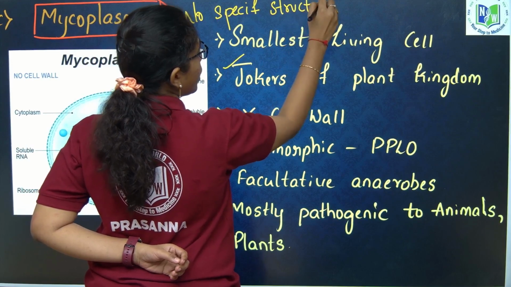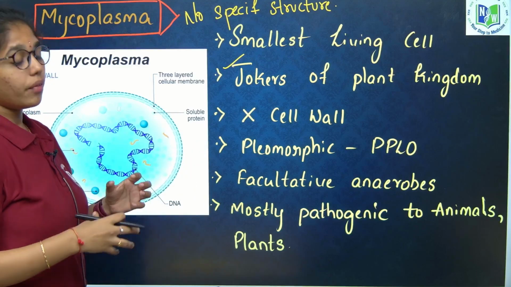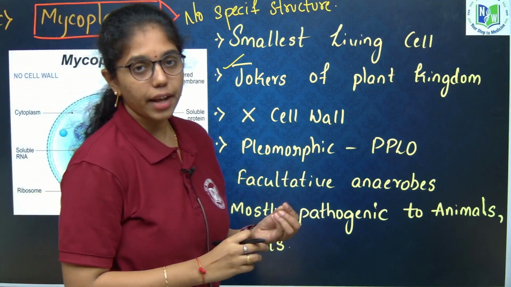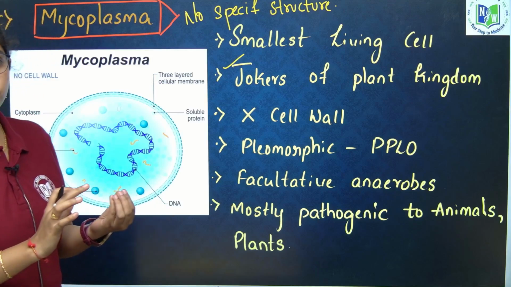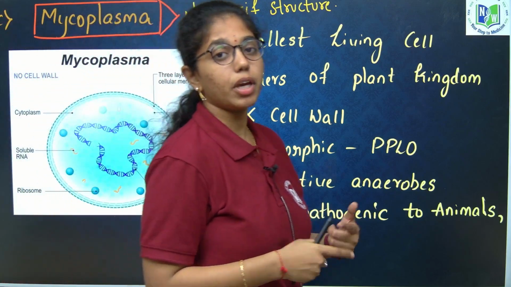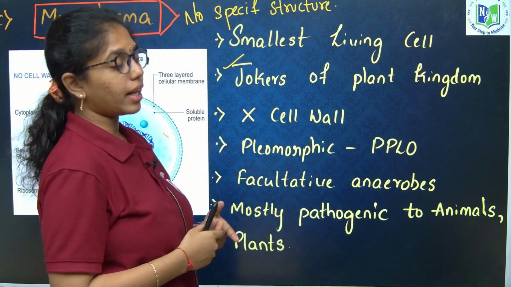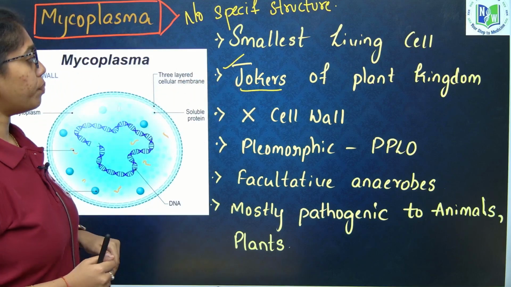The structure of this organism keeps on changing with respect to the environment around that bacteria. Based on the environmental conditions, its structure is keeping on changing. The morphology of bacteria is not certain. That is why it is called as jokers of plant kingdom.